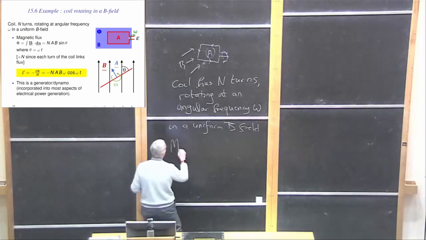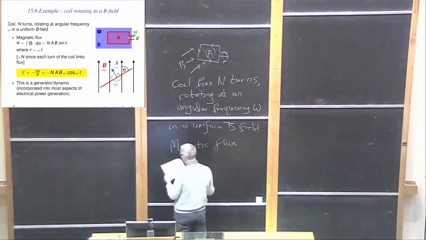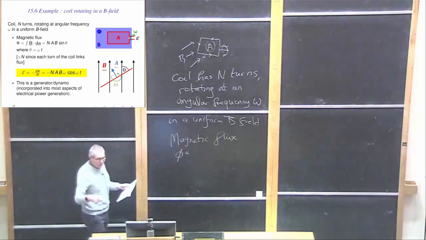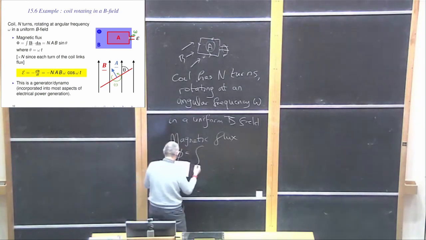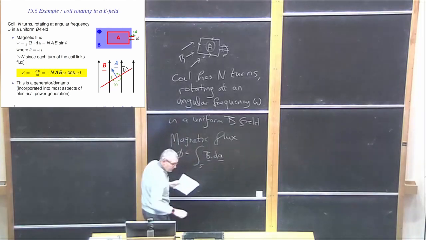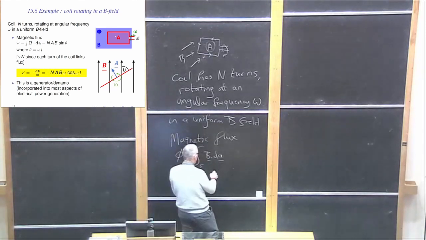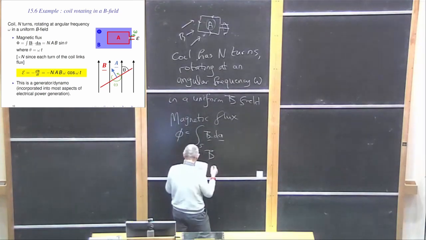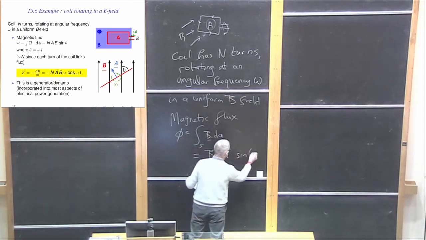So I can write down the magnetic flux. The magnetic flux phi is the integral of the field over the area. So it's the integral of B dot dA over the surface enclosed by the loop, which equals B times A n sine theta.